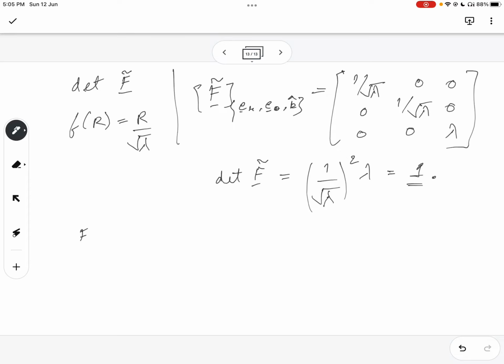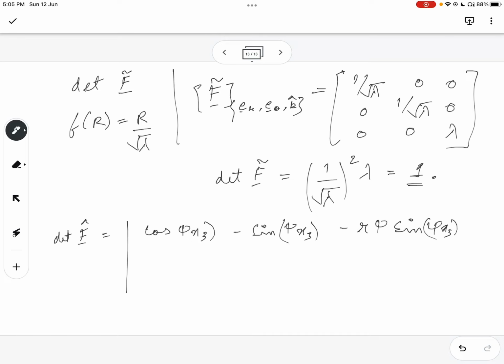Also, determinant of F hat is the determinant of [cos psi x3, minus sin psi x3, minus r psi x3; sin psi x3, cos psi x3, r psi cos psi x3; 0 0 1].